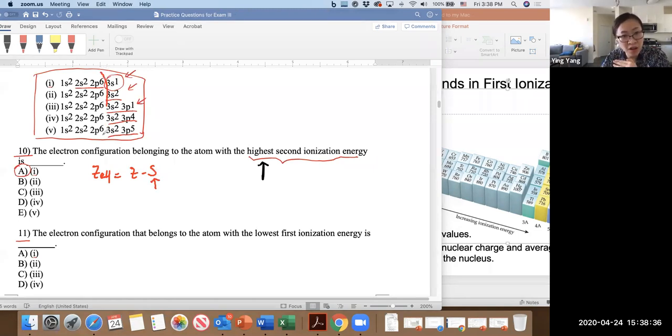S corresponds to all these electrons, so they're identical. However, going down here, Z is increasing. So the number of protons, which equals the number of electrons, is increasing. So the effective nuclear charge is increasing, the attractive force is getting bigger, and it becomes more and more difficult to remove the first electron. Therefore, this one would be the lowest.